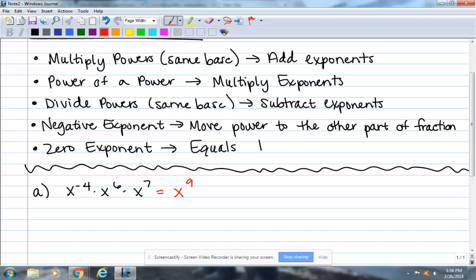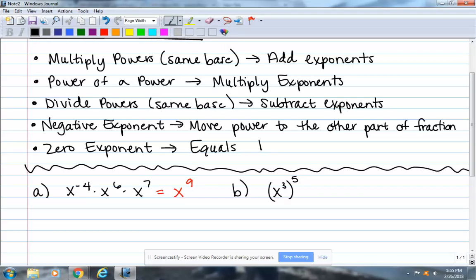Questions? All right. Let's do another simple one. x to the 3rd power raised to the 5th power. Which one of those properties does it look like is going on right here?